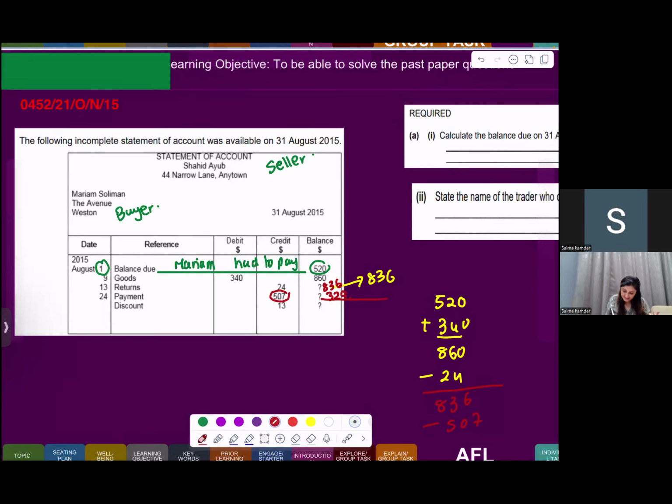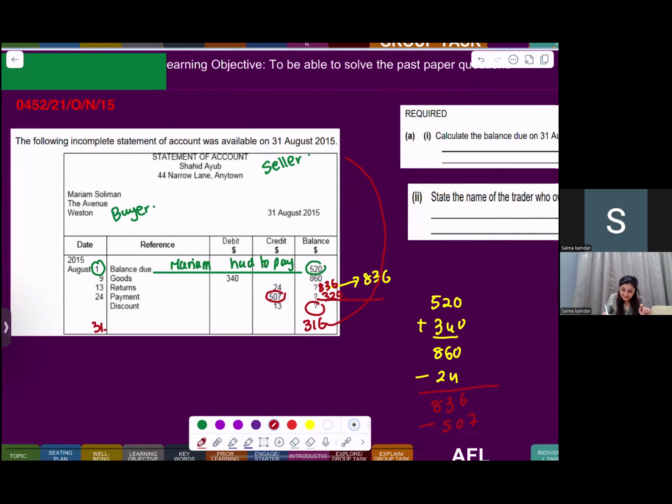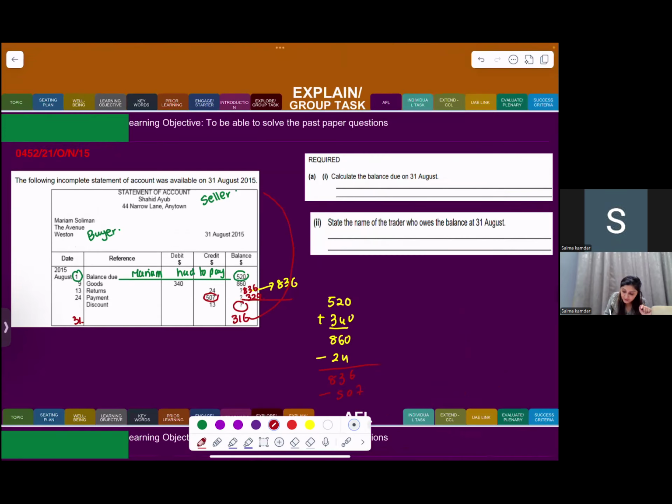The balance that Mariam has to pay Shahid Ayub on the 31st of August would be 316. This is exactly what they're asking us to calculate. Balance due on 31st of August. So it would be 316.